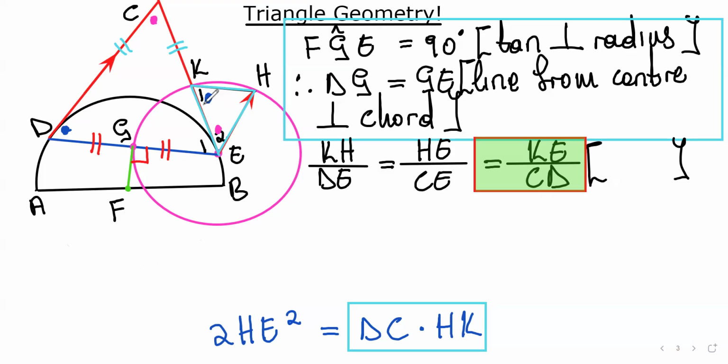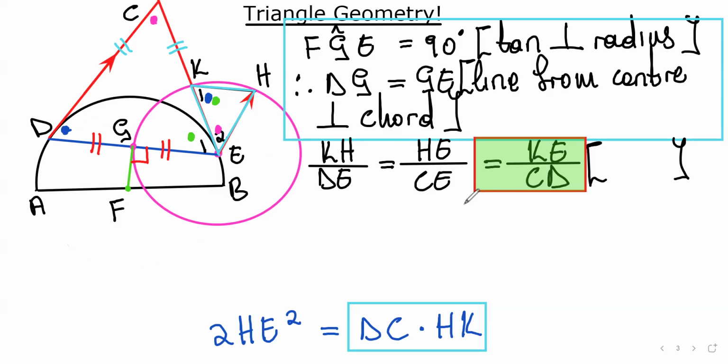Instead of saying K1 equals D, you could have decided to say K1 is equal to E1. And also, you could have said angle H is equal to this one.